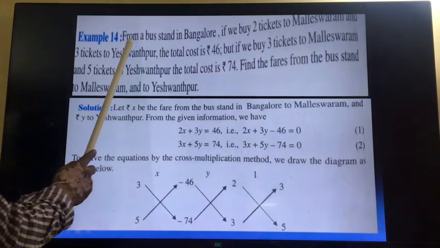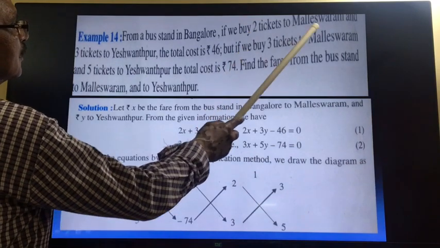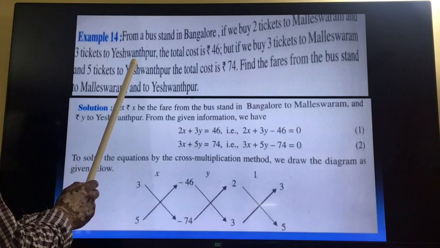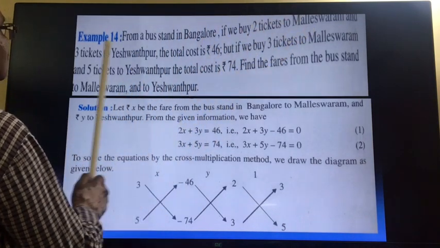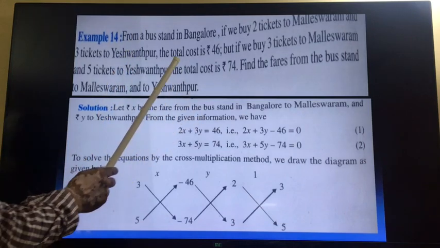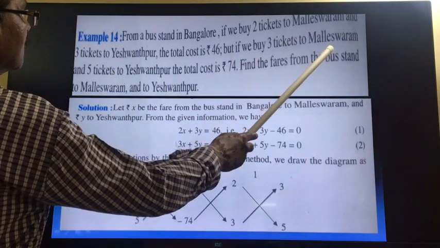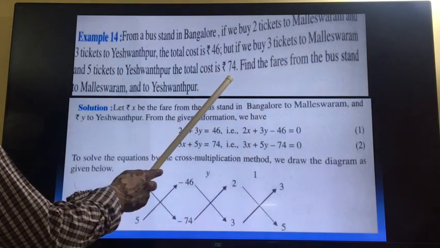The example says: from a bus stand in Bangalore, if we buy 2 tickets to Malleshwaram and 3 tickets to Yeshwanthpuram, the total cost is 46 rupees. But if they buy 3 tickets to Malleshwaram and 5 tickets to Yeshwanthpuram, the total cost is 74 rupees.